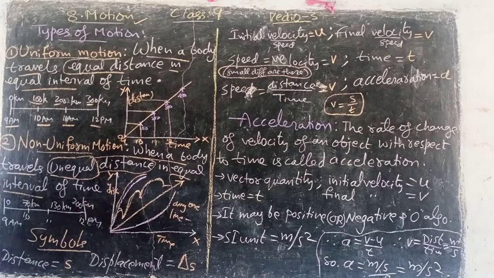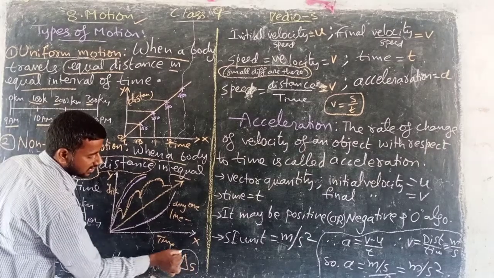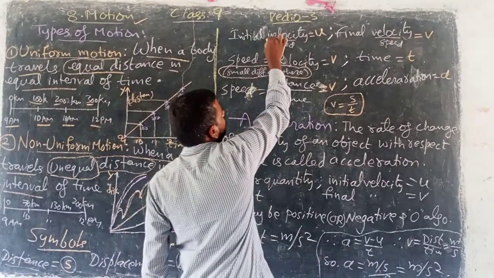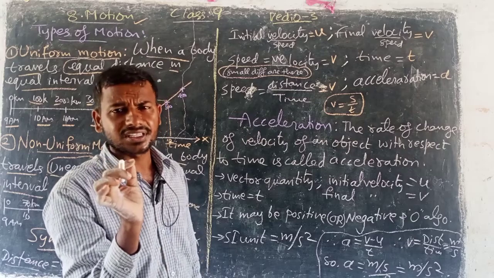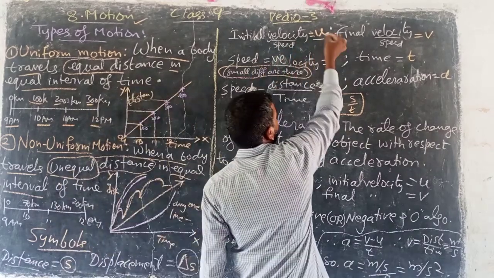Symbols are there. Look here, symbols. Distance symbol, small s. Displacement symbol, delta s. Remember. And initial velocity or initial speed, there is a small difference, I will explain to you. Initial velocity, u.